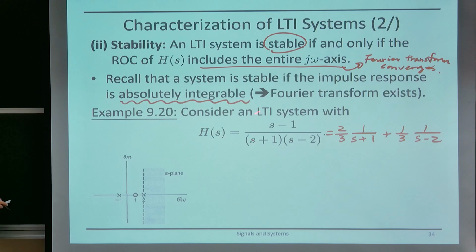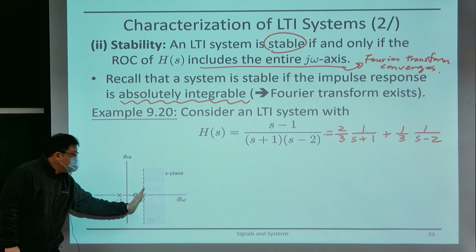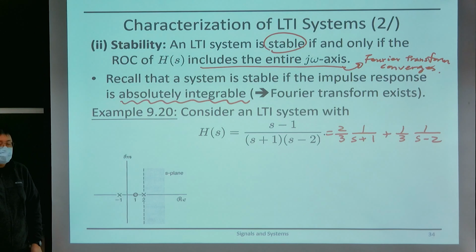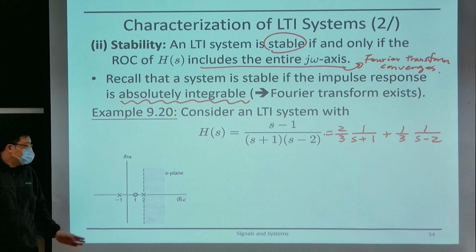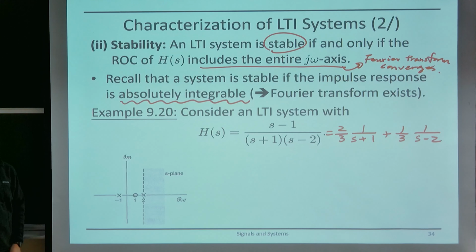Now this is in rational form. So the region of convergence can have only 3 possibilities, right? One is to the right of the rightmost pole. It can be between these 2 poles, or it can be to the left of the leftmost pole.